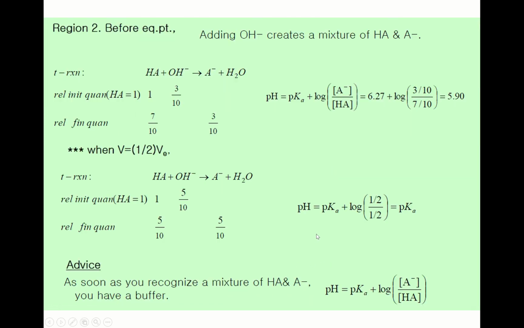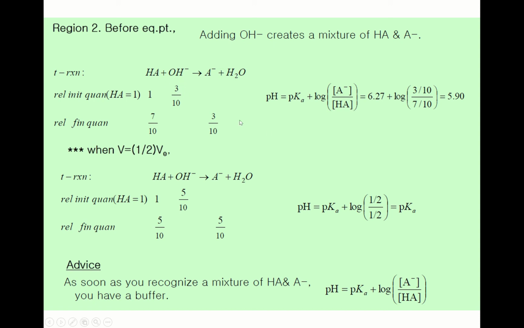That's region 1. Then we move to before the equivalence point. Let's assume we added sodium hydroxide. How much volume? Let's assume we added 3 ml of hydroxide.